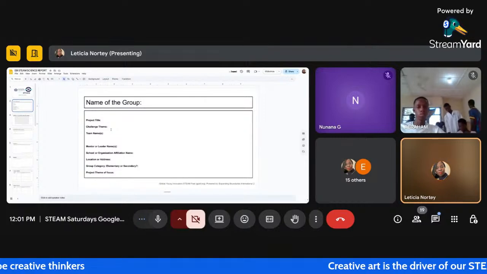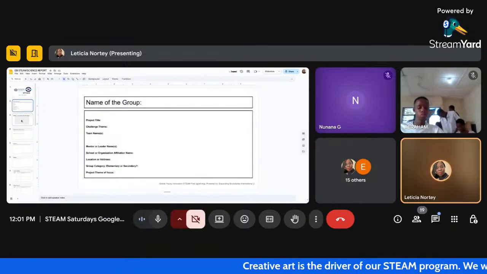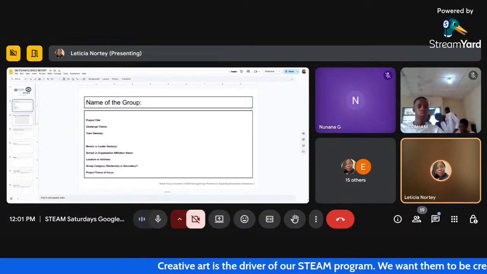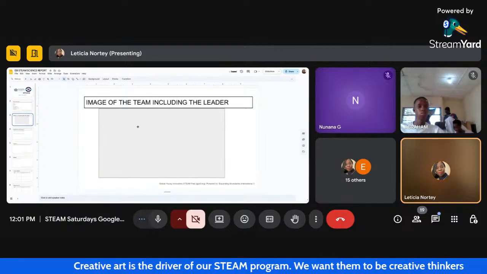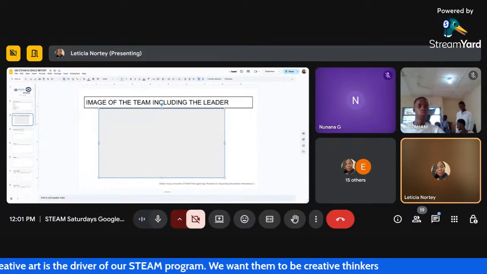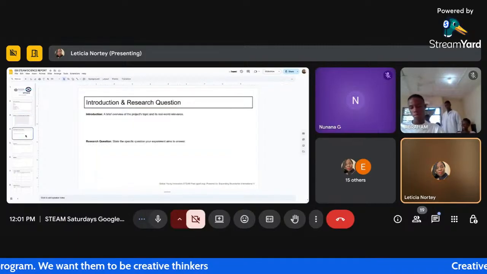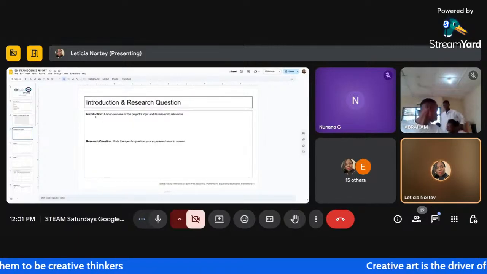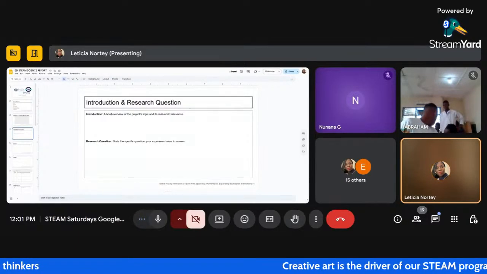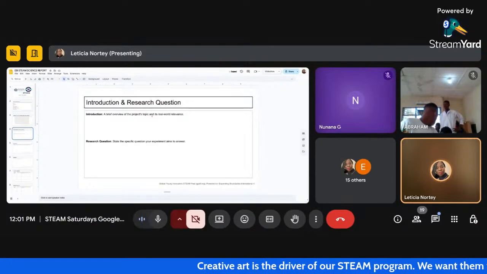It's a practice, okay? For when you are presenting anything outside EBI and stuff like that. And of course, you can put your image of your group, including your teachers, over here if you want. And then as she said, introduction, a brief overview of the project topic and its real world relevance.